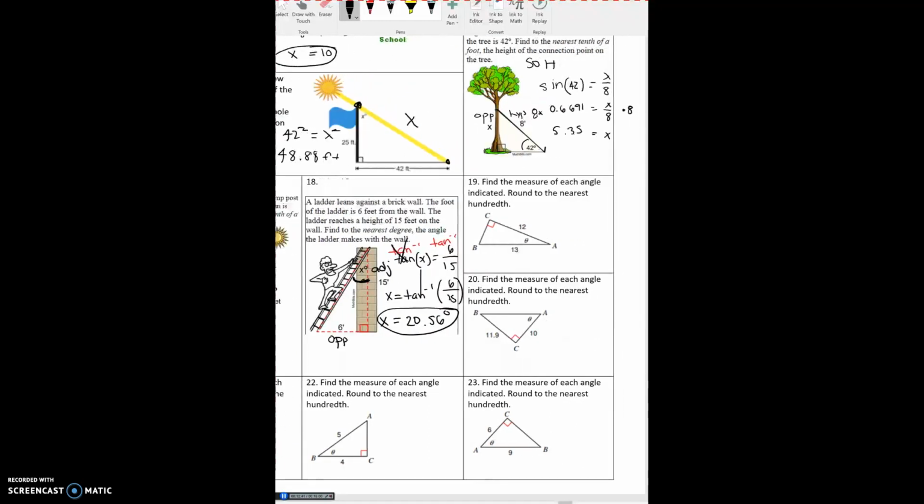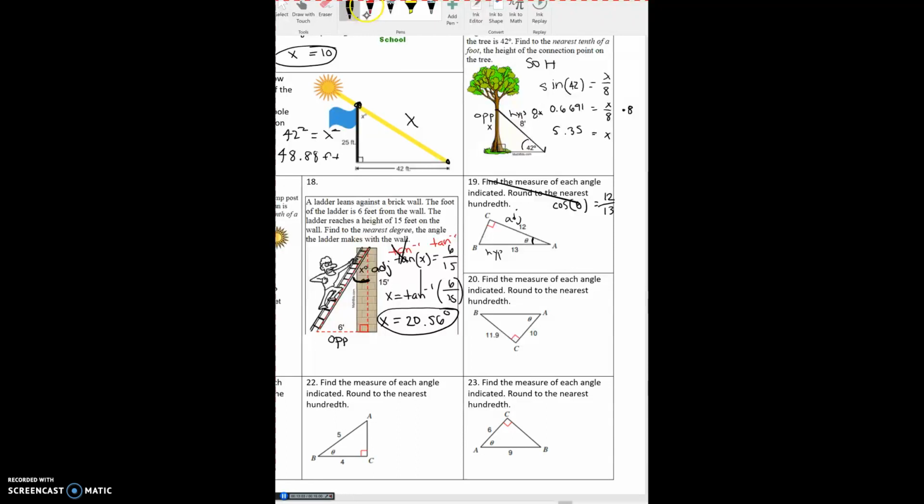Find the measure of each angle indicated, round to the nearest hundredth. This is my angle. I have the adjacent side and the hypotenuse, so I'm going to use cosine of my angle is equal to the adjacent divided by hypotenuse.